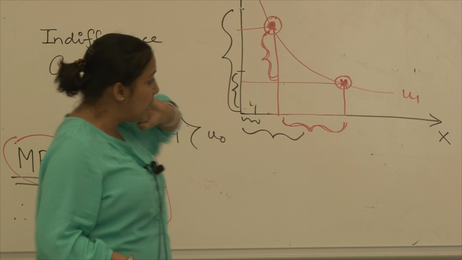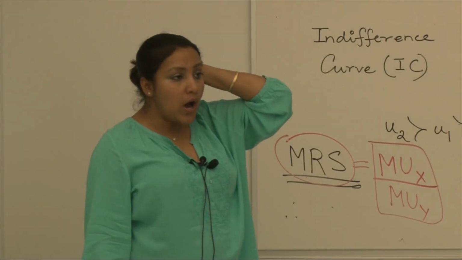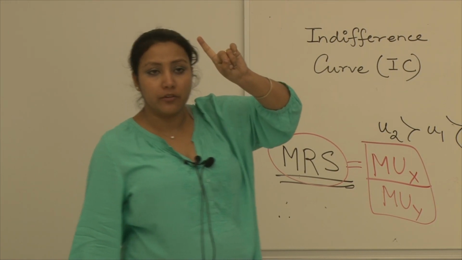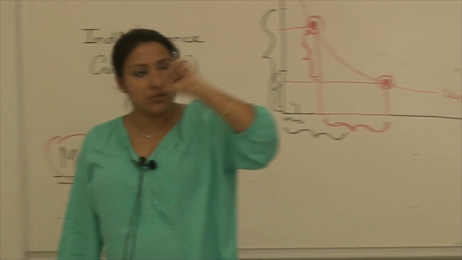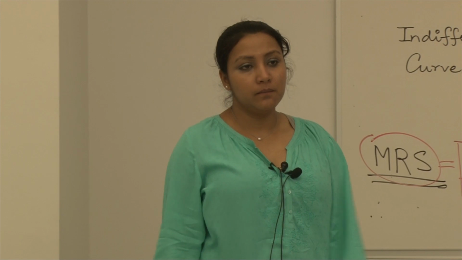So, that means the best indifference curve, in this case U star, is the one which is tangent to the budget line at one unique point, just one point. By tangent I mean it just touches the surface at one point. Okay.